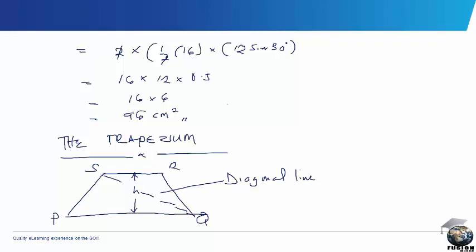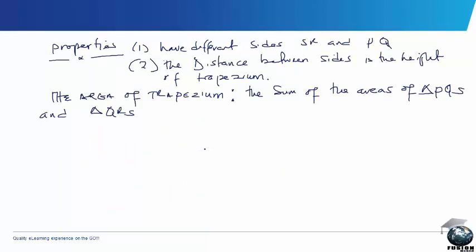When the diagonal line divides this into 2, you have triangle PQX and triangle QRX. You have 2 different triangles with different side lengths. Therefore the area of triangle PQX is half.